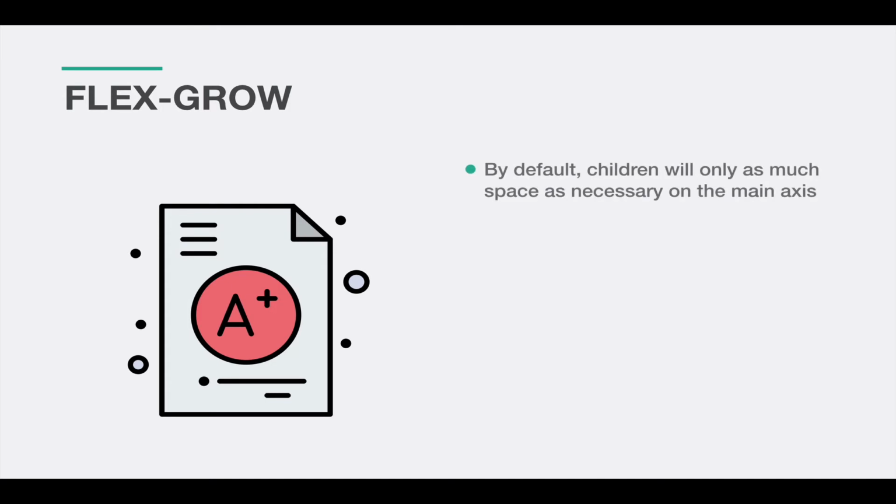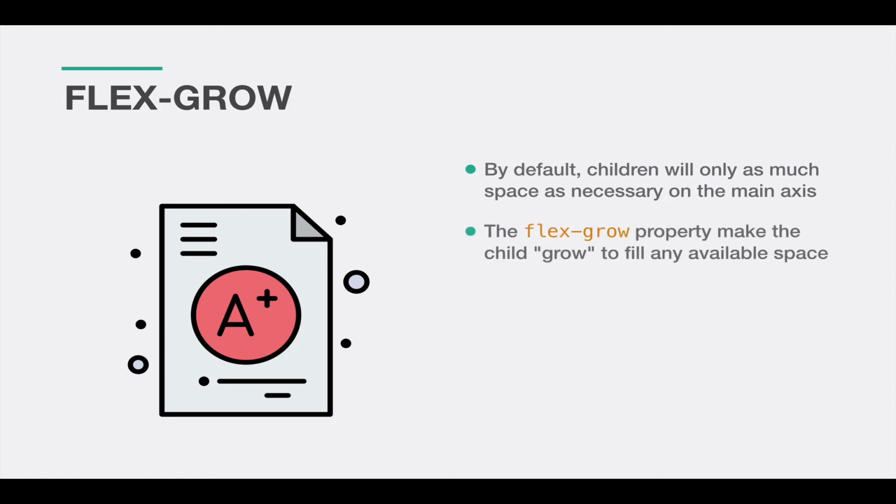Okay, so that's order. FlexGrow is the next one we're going to talk about. By default, children will just take up as much space as necessary on the main axis. So whatever their content, or if they have width set, they're only going to take up that much space. What the FlexGrow property does is it allows the children to grow to fill the available space.